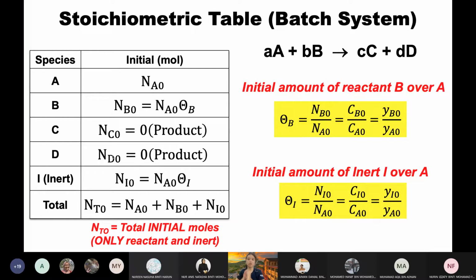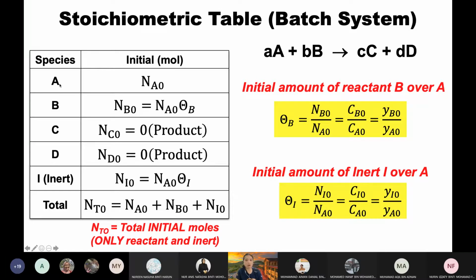So how do we do that? Okay, first of all, let's say now you have a reaction of which you have two reactant, two product. Katakan reactant saya A dan B dan produk saya C dan D. Okay, so saya dua reactant, dua produk. So saya nak kira berapa bilangan mol initially for each of the compound.